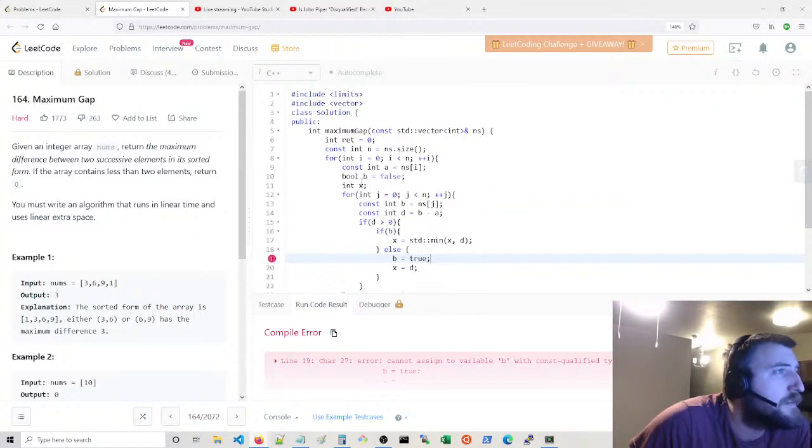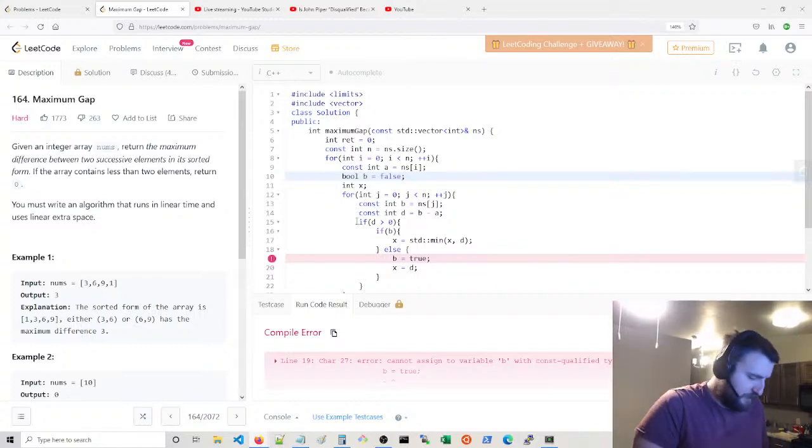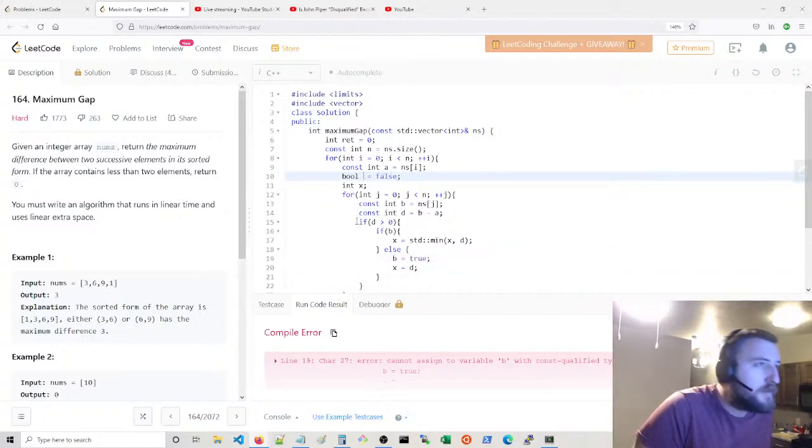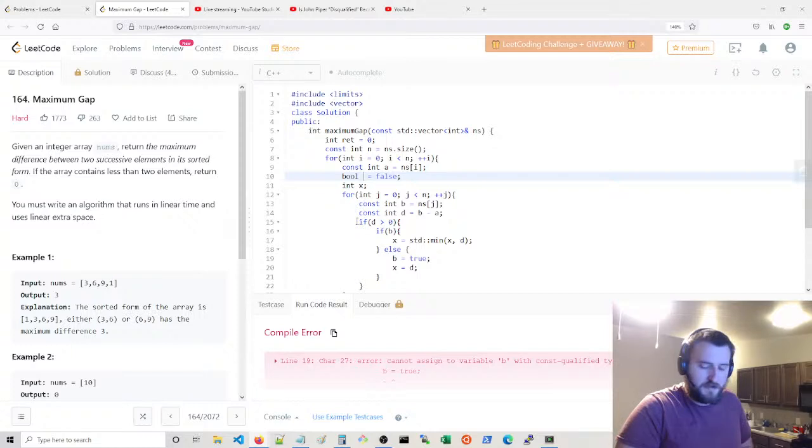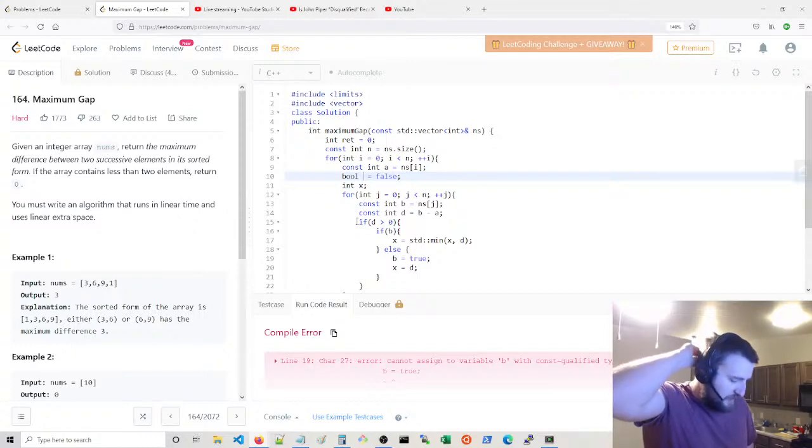Oh, I did that wrong. I don't know, B. What's a good name for a Boolean for a check? Guard or something, or has been set, is going to be set, currently set, touched, untouched, open, locked, guarded, closed. Initialized.